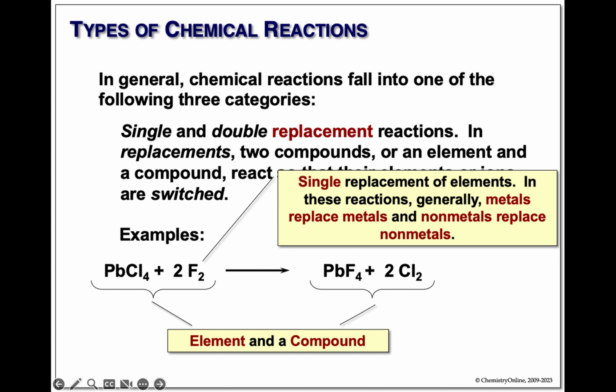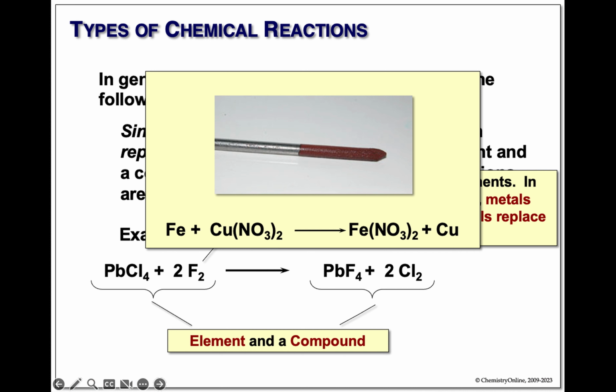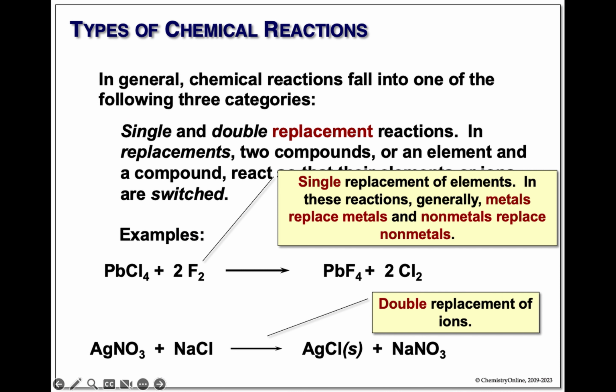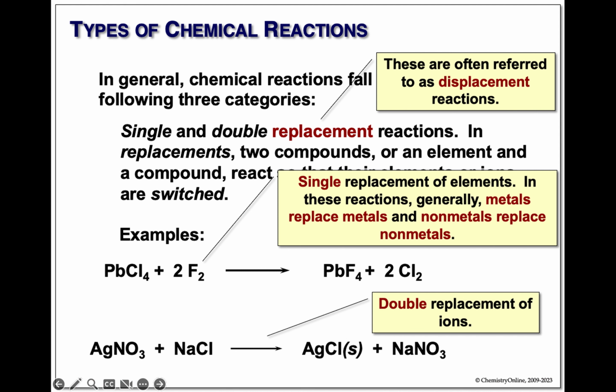The other type is called a double replacement. Oh, we did this in lab. Remember, we took our nail, put it in with copper nitrate. When we did that, we wound up with copper metal deposited on the nail, and iron(II) nitrate in solution. The other type is a double replacement. In this, you have solutions of your reactants.